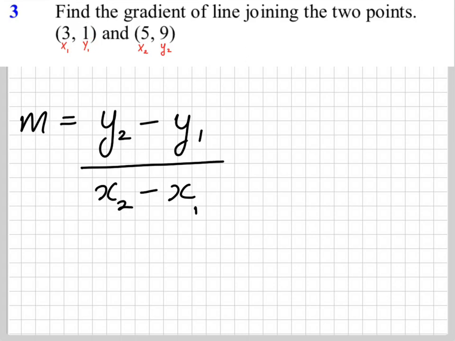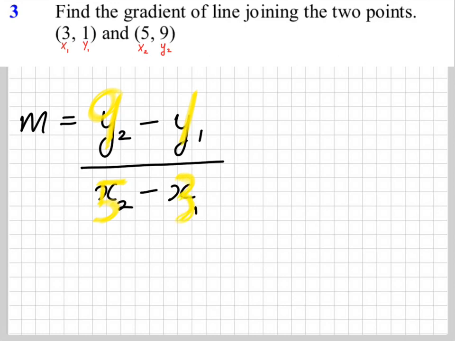Now let's substitute this into the formula. Our y2 was 9, so I'm going to put a 9 here, and our y1 was 1. Our x2 was 5, and our x1 was 3.